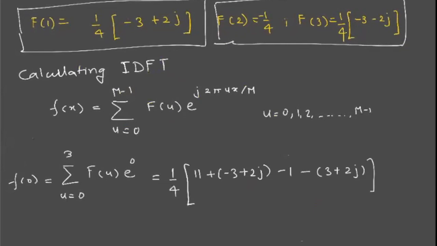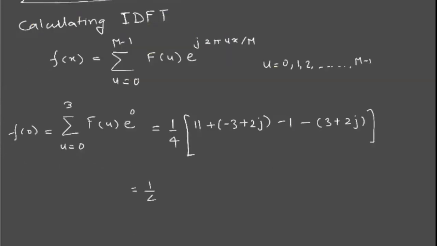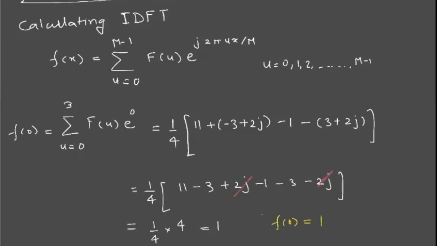Let's see if it gives 11 minus 3 plus 2j minus 1 minus 3 minus 2j. So this 2j will cancel out. And here you have 3, 3, 6, 7. 11 minus 7 is 4. And you will have 1 by 4 into 4. Answer is 1. Hence, you have got f of 0 as 1, which we started with.